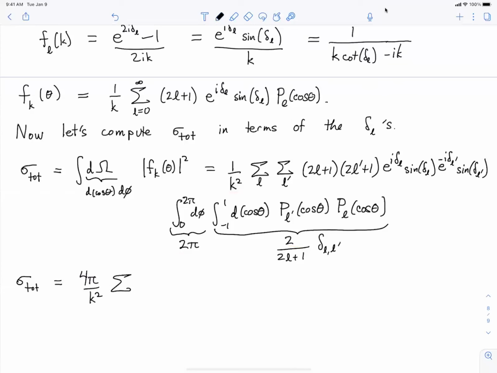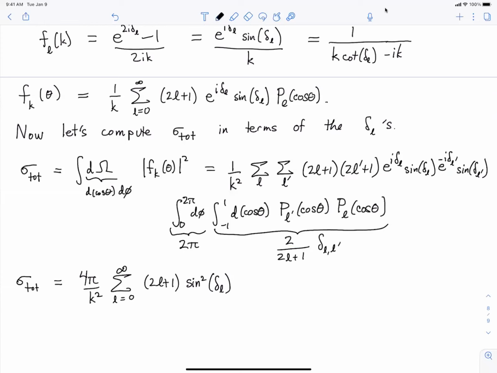I've got my one sum left. I'm putting back the limits of the sum there. I had a 2l plus 1, 2l prime plus 1, but then I divided by a 2l plus 1. So that leaves me with one 2l plus 1 left. Okay, and then since delta_l prime and delta_l are the same thing, that's going to cancel that. And so we're left with sine squared delta_l.